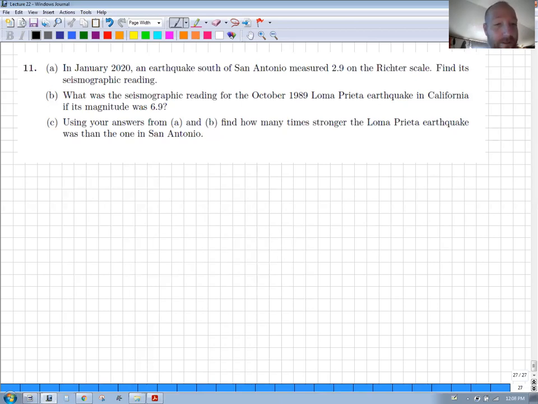That's not the one that we used. Richter scale formula. It keeps giving me the same link here.